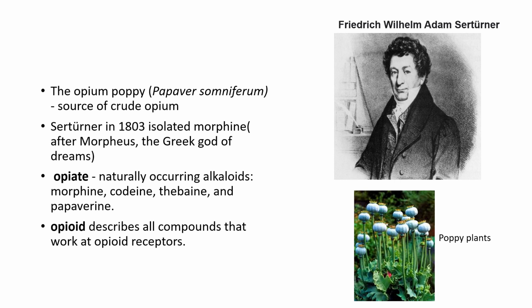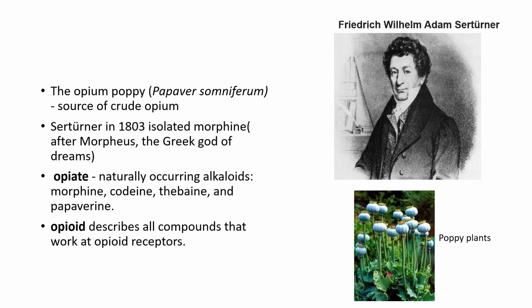Opium is obtained from Papaver somniferum, a poppy plant. Saturner in 1803 isolated morphine, which is an opiate, and he named morphine after Morpheus, the Greek god of dreams. Opiate is a term which includes all the naturally occurring alkaloids like morphine, codeine, thebaine, and papaverine.